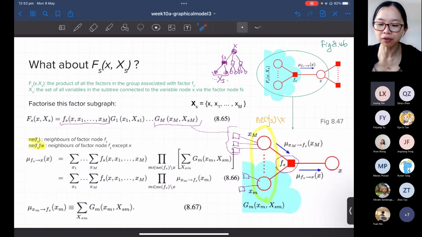Basically, plug in this f_s term, multiplying these G terms.